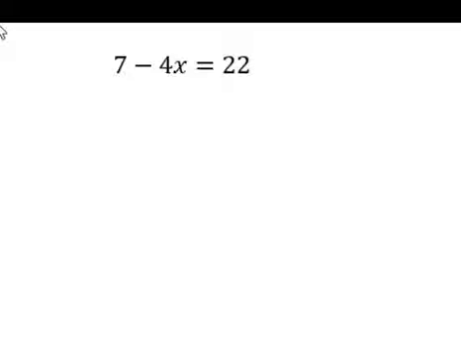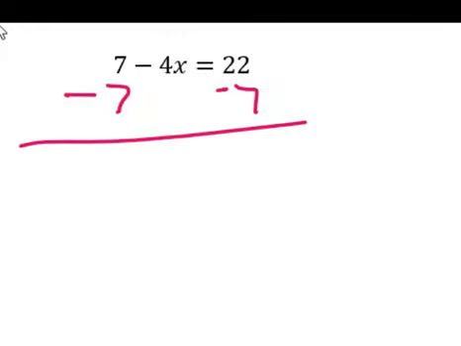It's a positive 7, so how do we make it a 0? By taking away 7. And I have to do it to both sides of the equation. So on this side, I'm taking away 7, and on this side, I'm taking away 7. So I know this is going to equal 0. 22 minus 7, well, that's going to give me 15. Equals, well, what is left on this side of the equation?